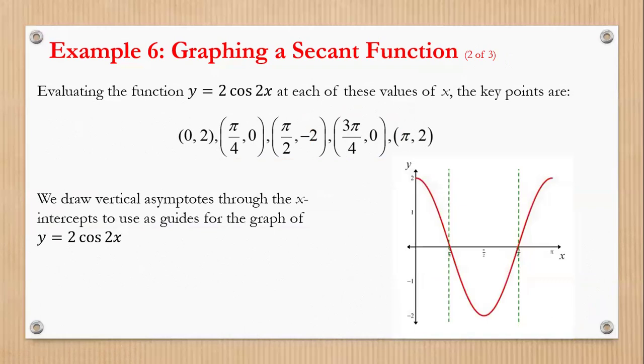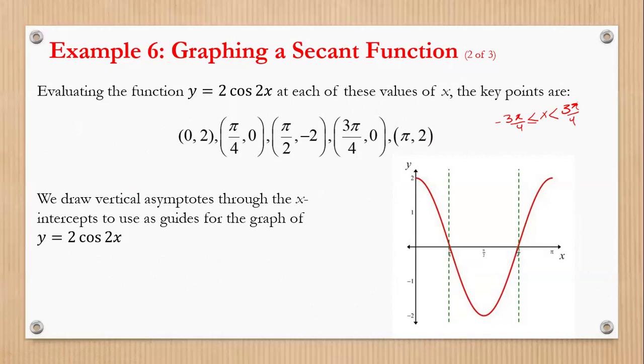But since we were supposed to graph the function from -3 pi over 4 to 3 pi over 4, we may need to extend the graph, because this graph is just from 0 to pi. But I need from -3 pi over 4.